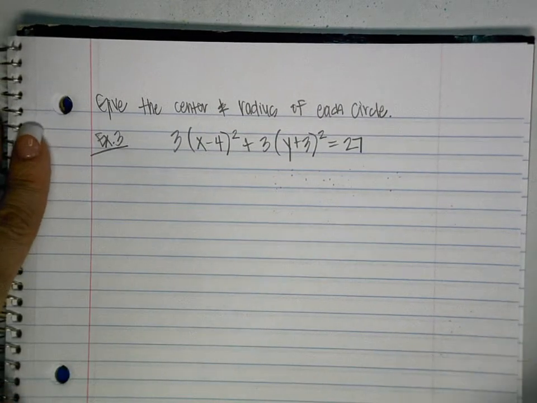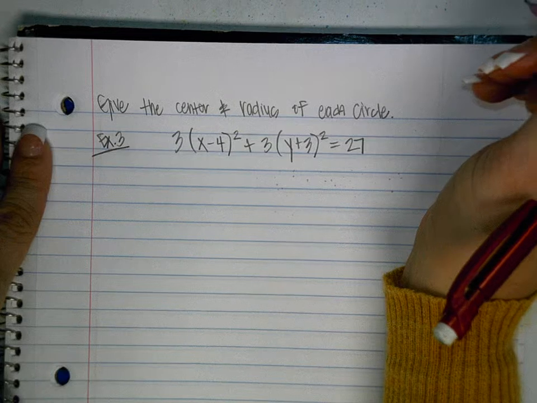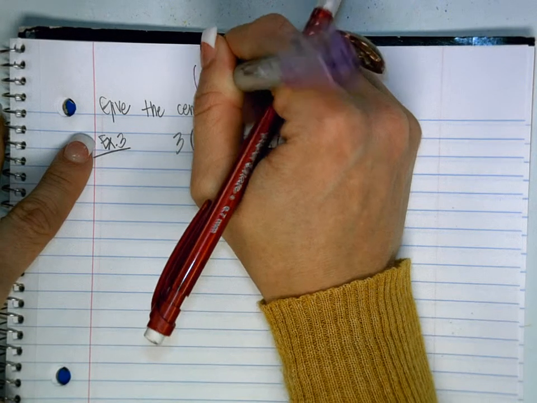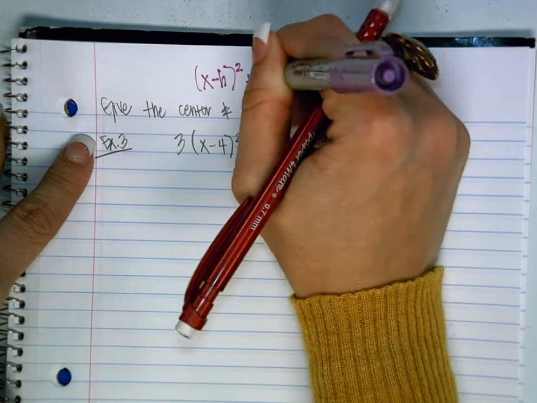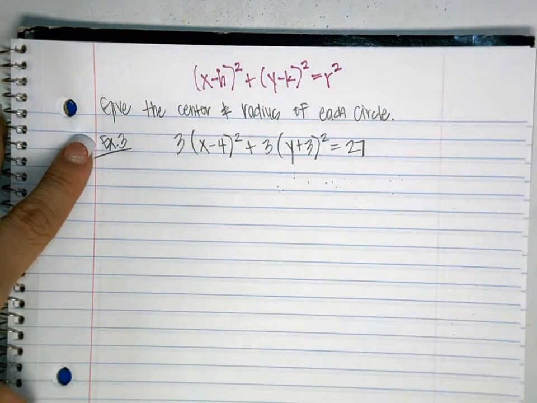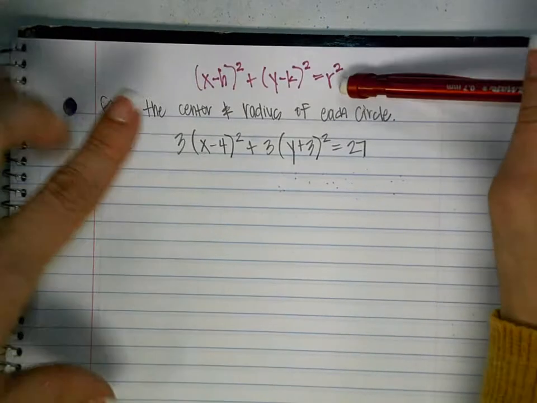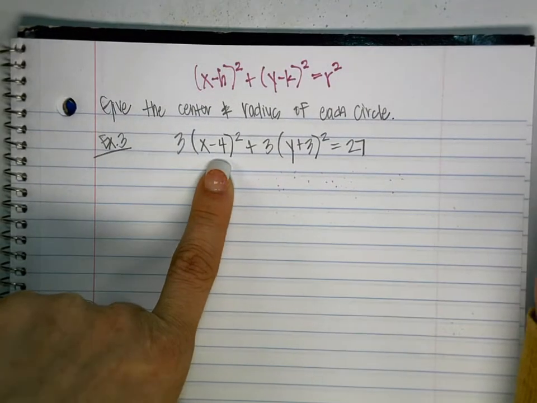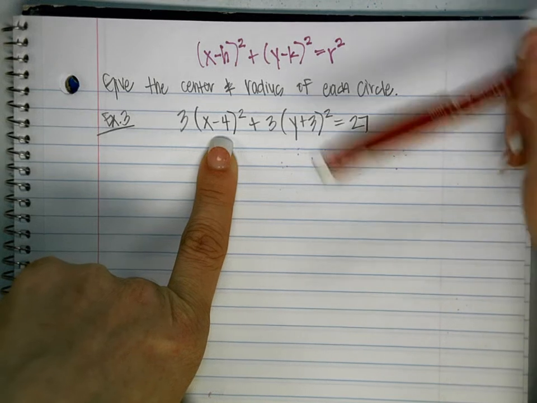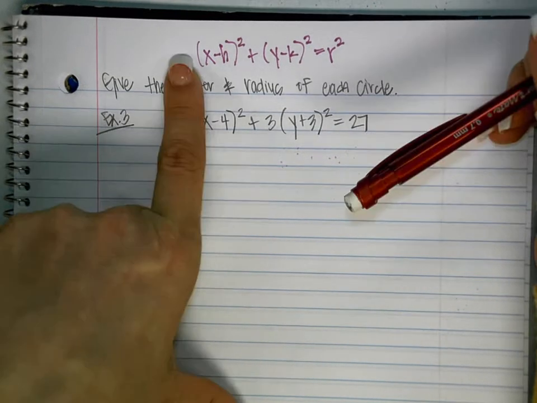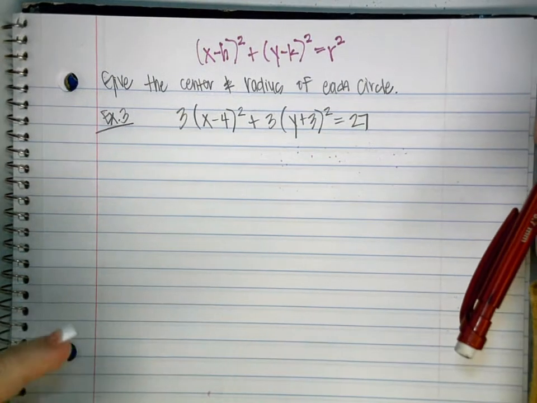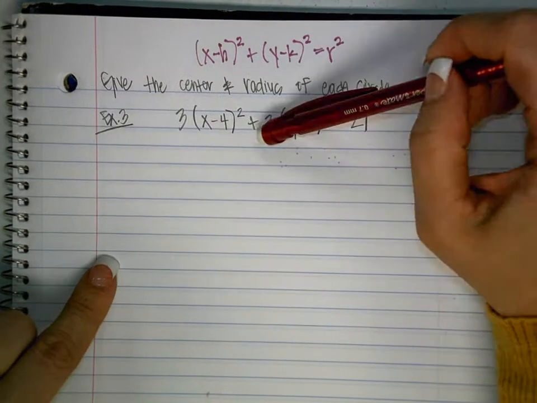If you remember correctly, my general rule for a circle was (x minus h) squared plus (y minus k) squared equals r squared. How is that different from this equation? Because there are coefficients, right? A general rule for a circle is they do not have numbers in front. So before I can tell you what the radius and the center are, I have to get rid of those numbers in front.